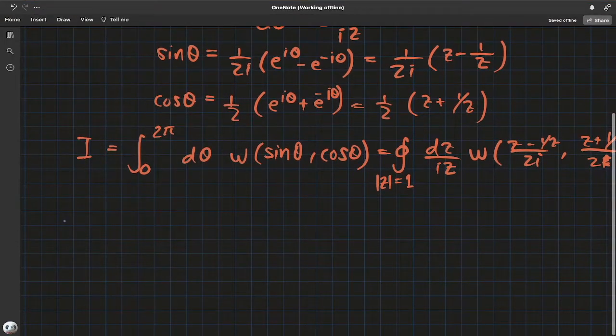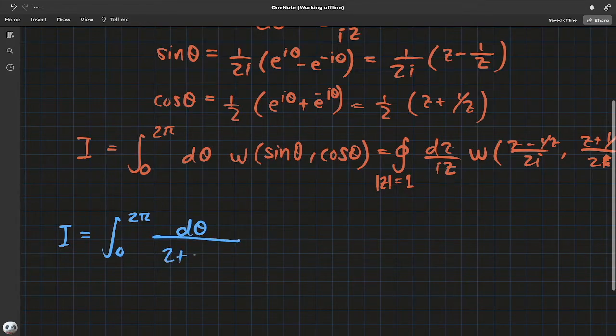Okay, say we have I as the integral from 0 to 2 pi of d theta over 2 plus cosine theta. I'm just skipping steps.